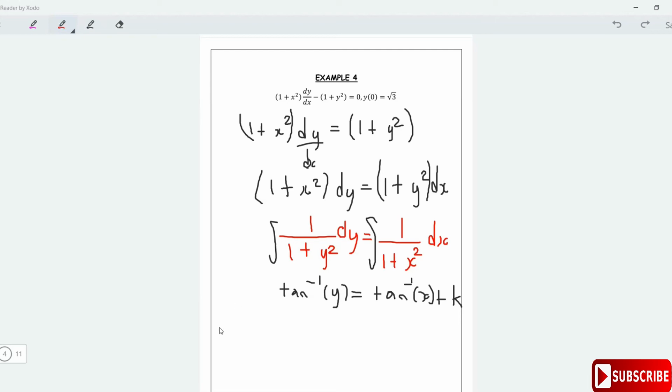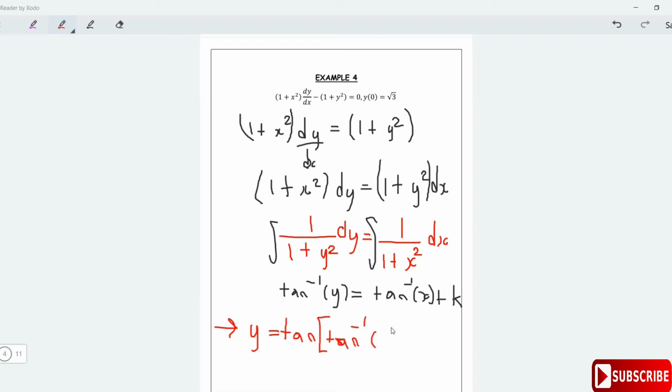That implies y is equal to the tan of tan inverse of x plus k.